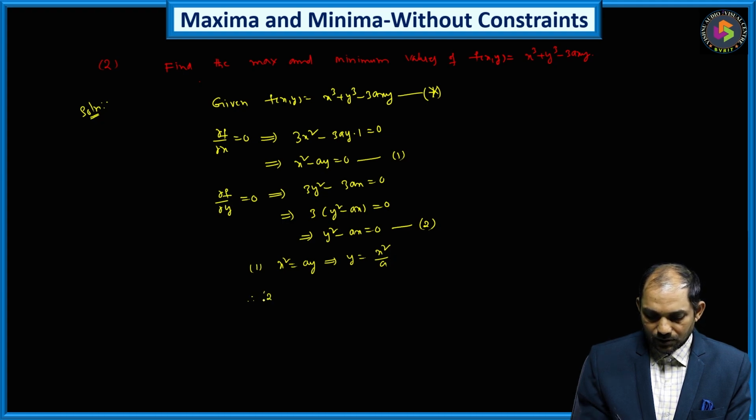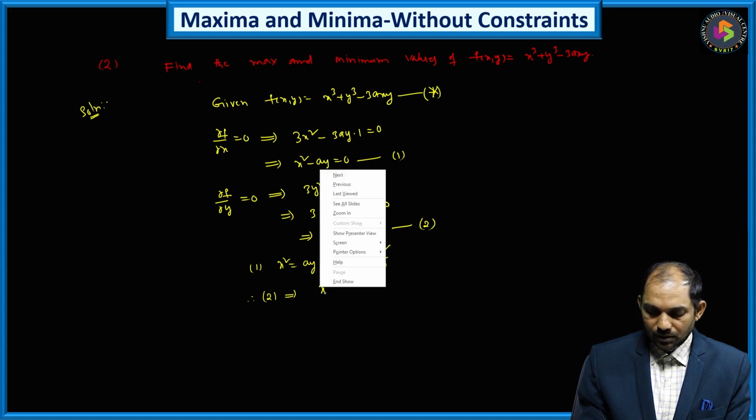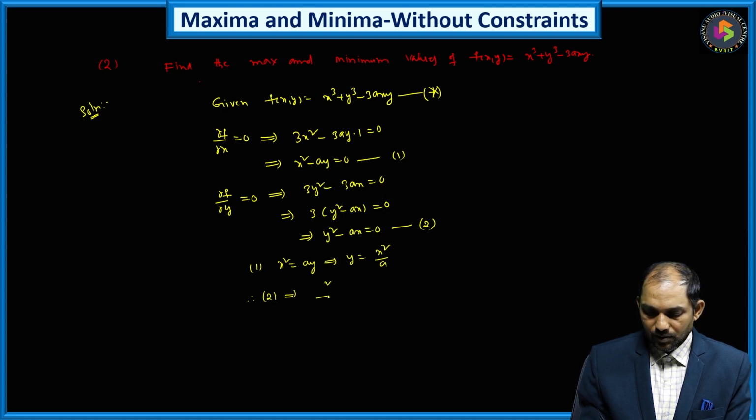Therefore equation 2 implies y square is x square by a whole square minus a times x equal to 0.